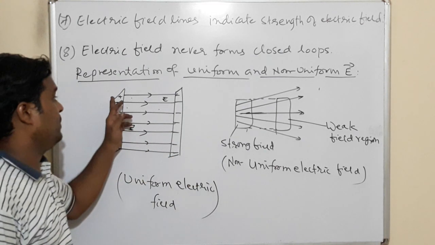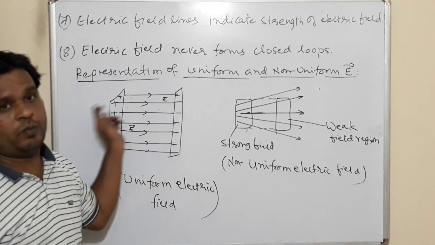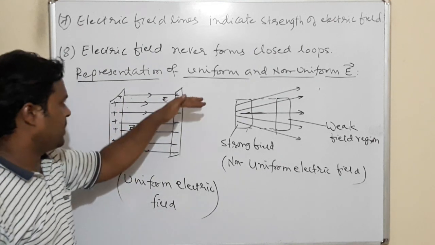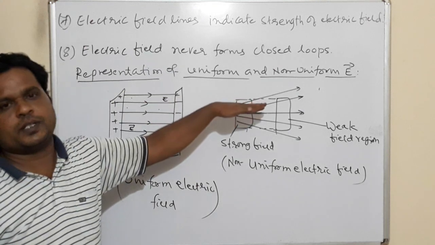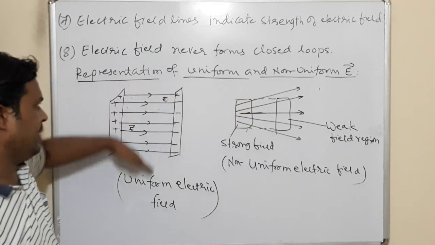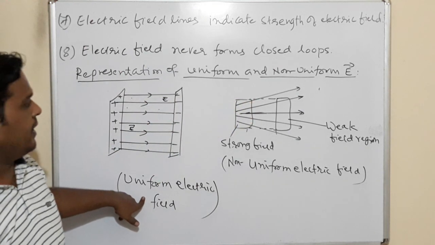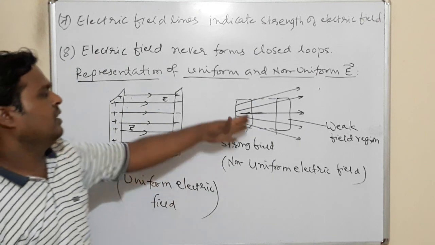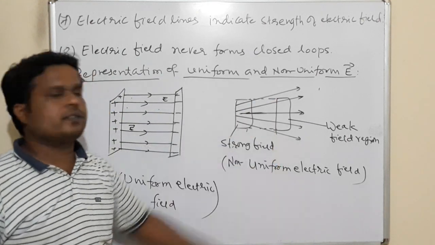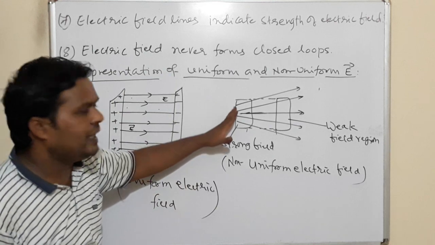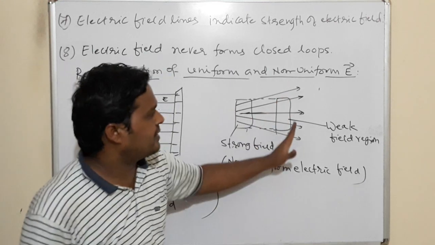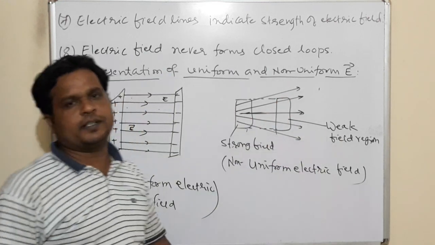The direction of the field will always be from plus charge to minus charge, away from the positive charge towards the negative charge. If they are exactly equidistant parallel lines, then it indicates that the field is uniform. If they are not equidistant, it is non-uniform. More crowding, strong field region. Less crowding of electric field lines, weak field region.